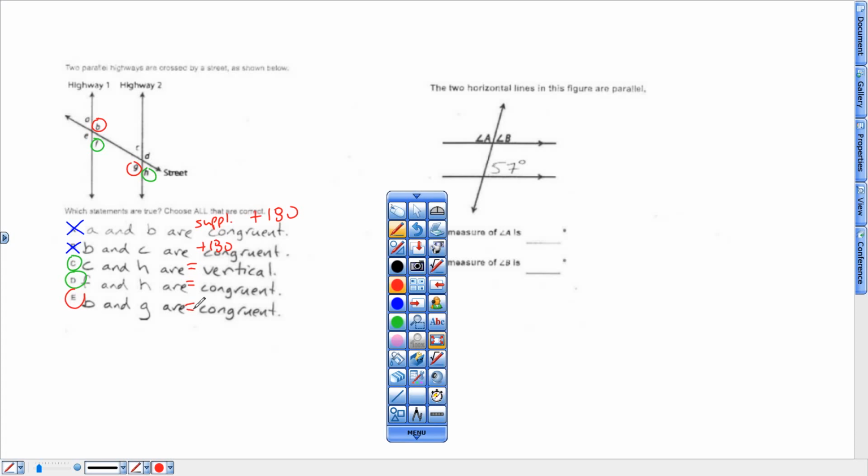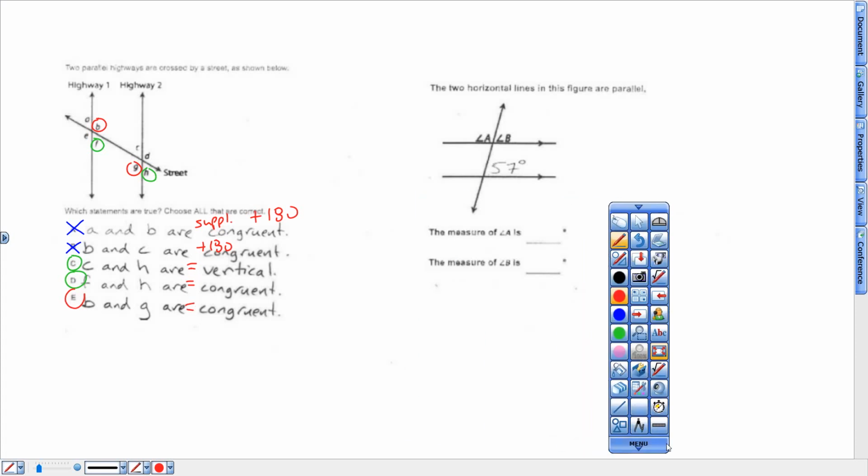All right, here we go. This one. I want you to see that this one is a corresponding angle to this. If I know 57's right there, I know that the corresponding angle, or trust your eyeball, this is 57. So right away I know angle B is 57 degrees. To find angle A, I just know that these two add up to 180.